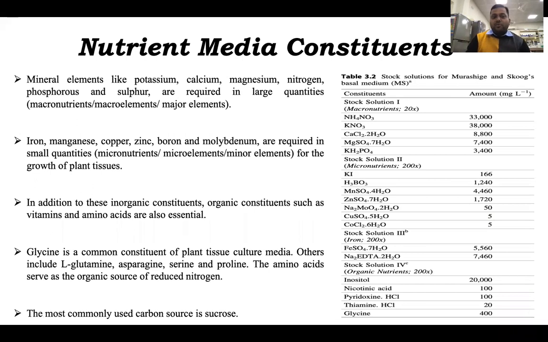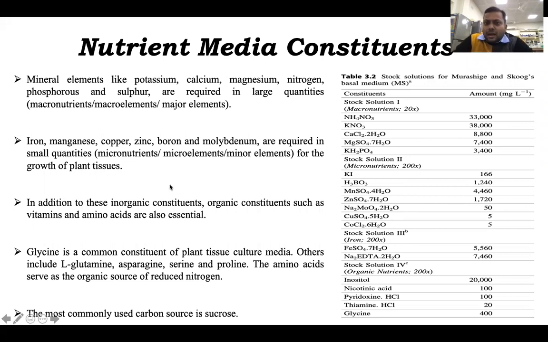Apart from vitamins, in some cases amino acids are also used. Glycine is one of the most commonly used amino acids in the nutrient media. Others include glutamine and asparagine, but those are not that commonly used. Glycine is most commonly used, and these amino acids serve as the organic source of nitrogen.